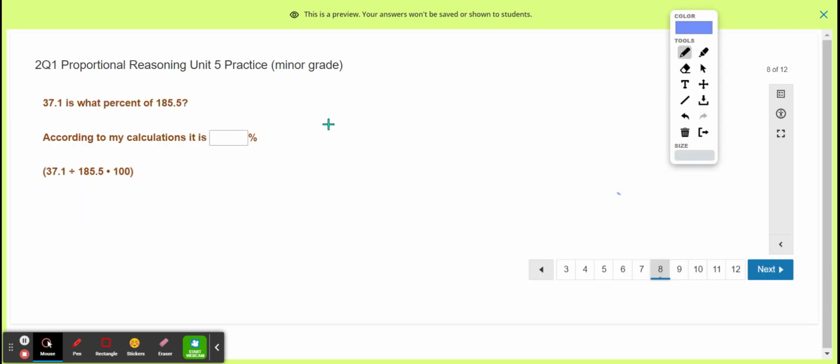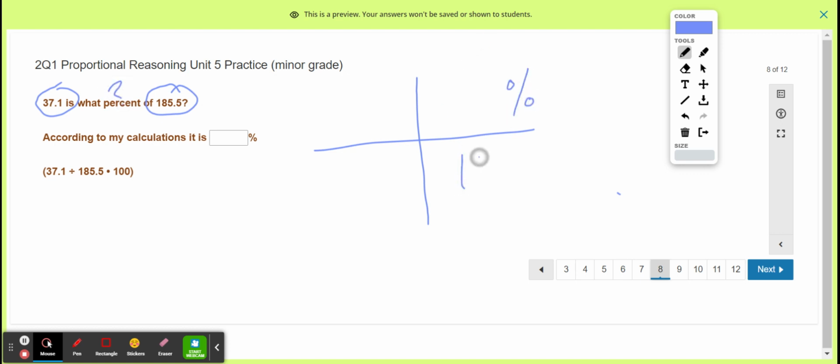At number 8, if we're looking at the proportional relationship of 37.1 out of 185, so the is goes over the of, and the question mark is the percent. We're going to calculate the percent over here, and that's 37.1 over 185.5.